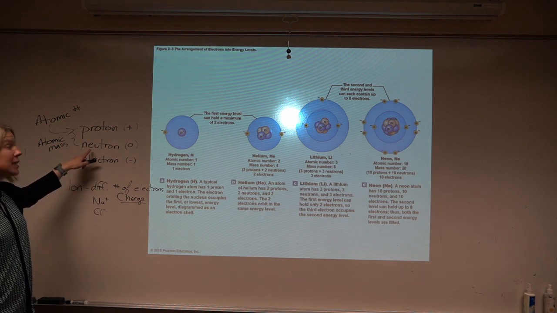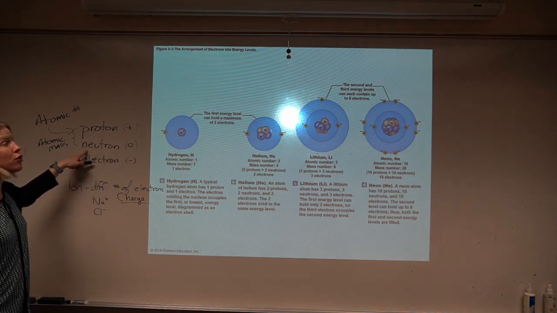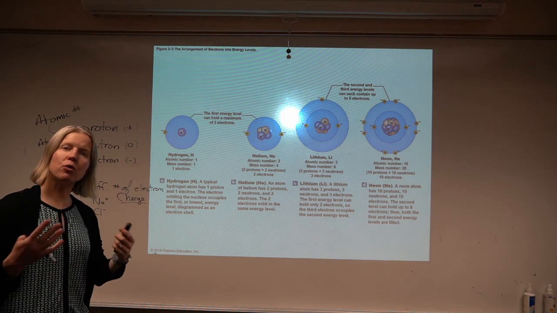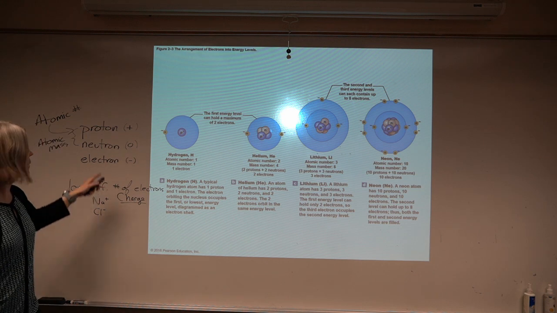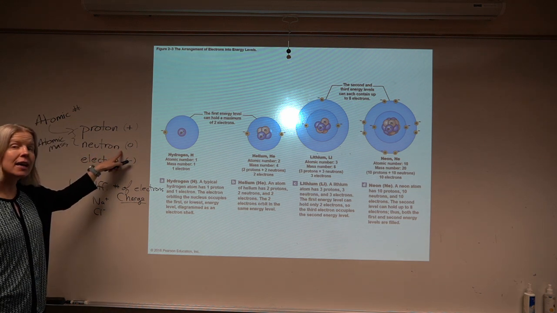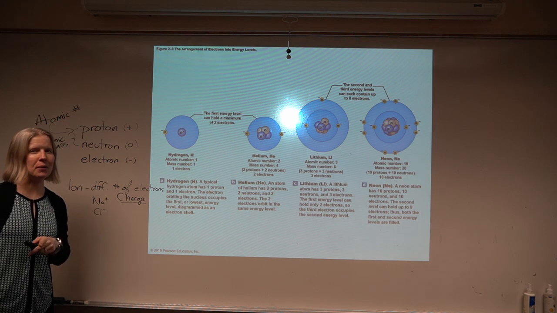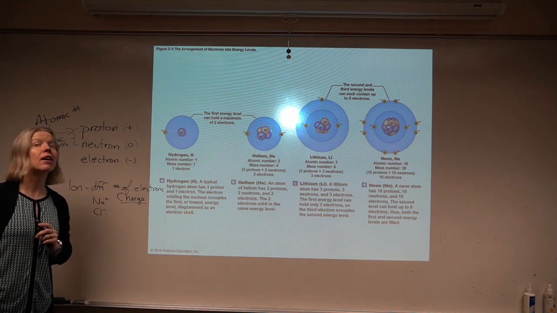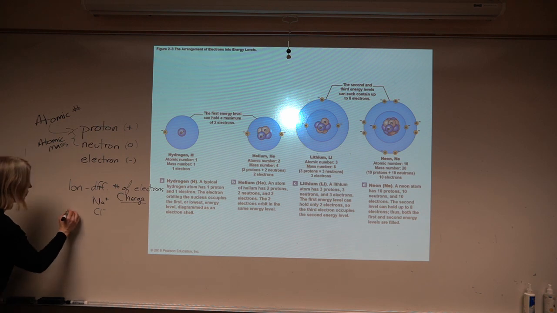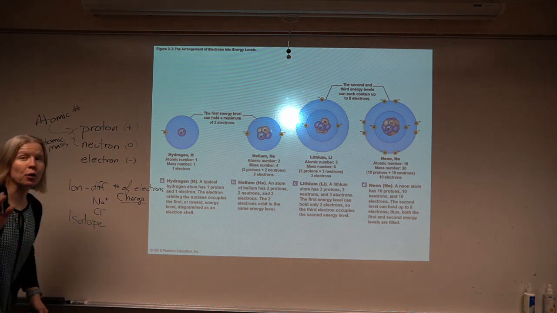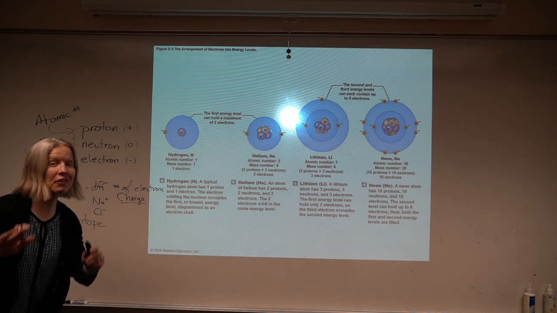We also typically assume that the number of neutrons is the same as the number of protons. So if you know the atomic number, you can make some assumptions about neutrons. If the number of neutrons differs, do you remember what that was called? An isotope. You would only remember that from Bio 1111 or a chemistry class.